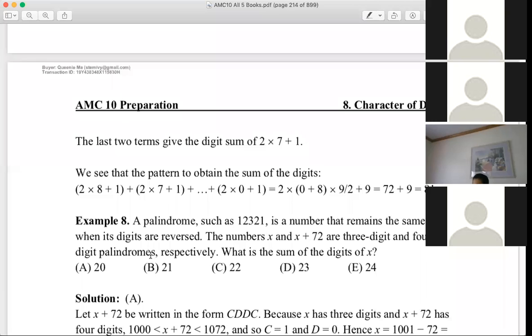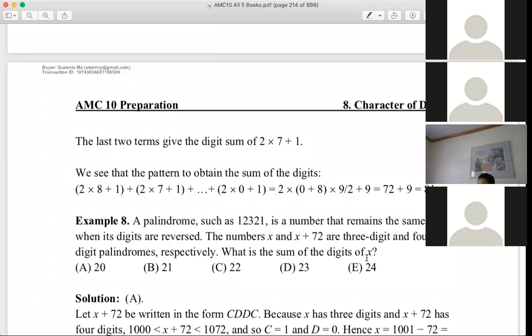Now let's see example 8. A palindrome such as 12,321 is a number that remains the same when its digits are reversed. The numbers x and x plus 72 are 3-digit and 4-digit palindromes respectively. What is the sum of the digits of x? So here they give you 2 numbers.